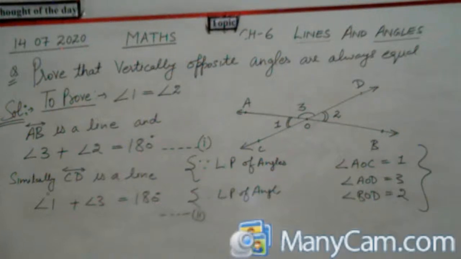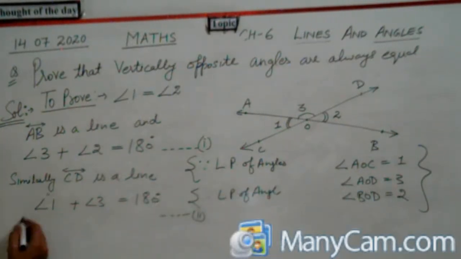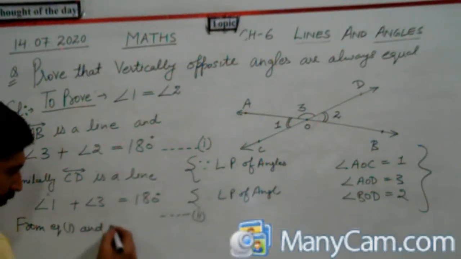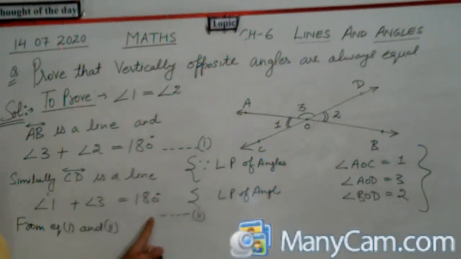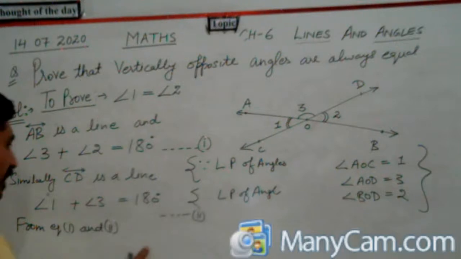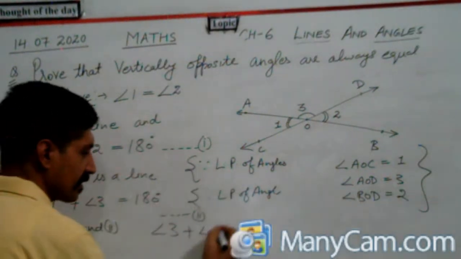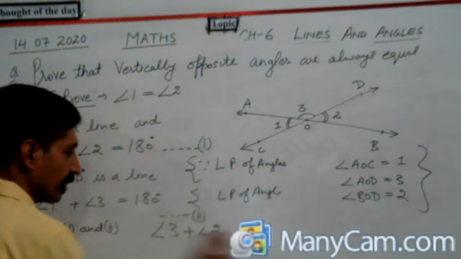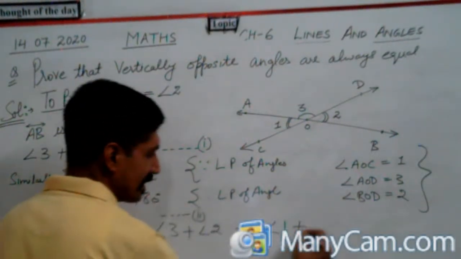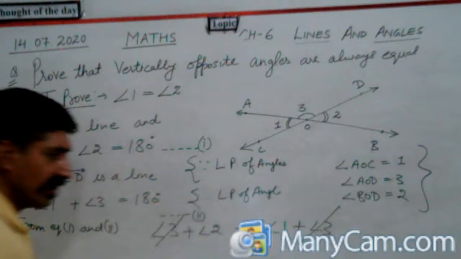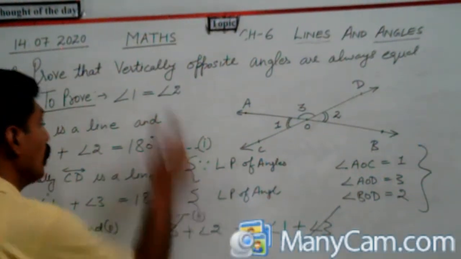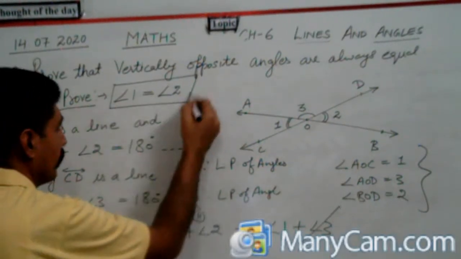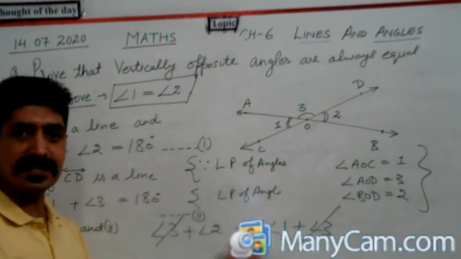Now, from equations 1 and 2, the right hand sides are equal, so the left hand sides must be equal. Therefore, angle 3 plus angle 2 is equal to angle 1 plus angle 3. So angle 3 will cancel from both sides. We are left with angle 2 is equal to angle 1.